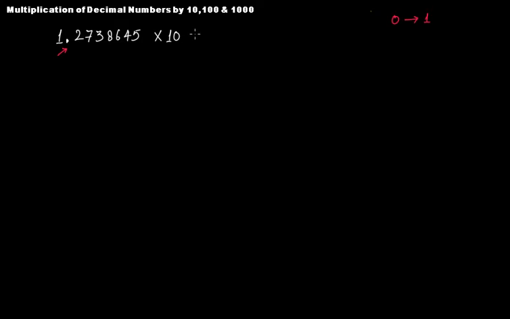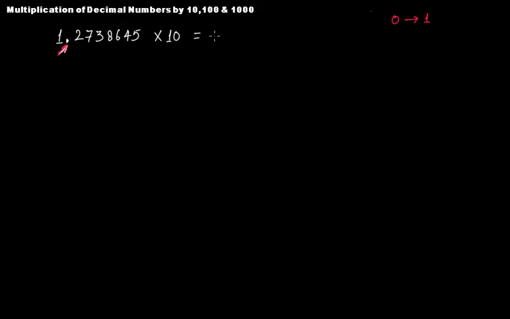So the way you will do this is that we have one zero in 10, so you will move this decimal point one time towards the right, only one time, and place it after that digit. In this case, the decimal point will come after 2.